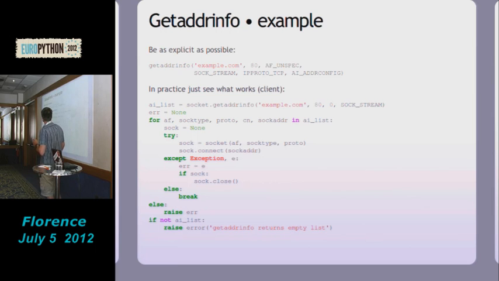But in practice, if you're a client connecting, which is most of the time, as a server, you usually don't have to do an address lookup. But in practice, you basically loop over the results. People tend to just specify up to there. So saying whether you want stream or datagram socket.